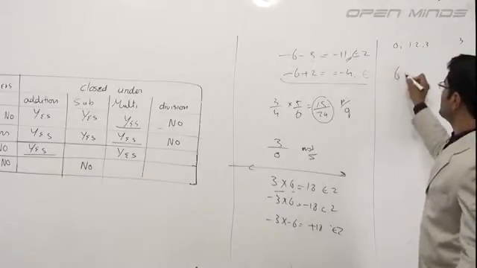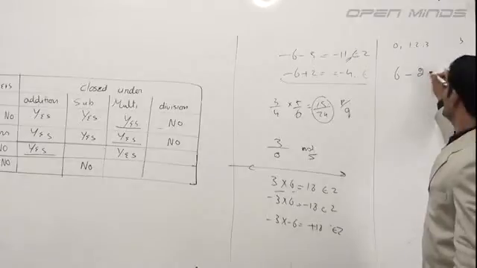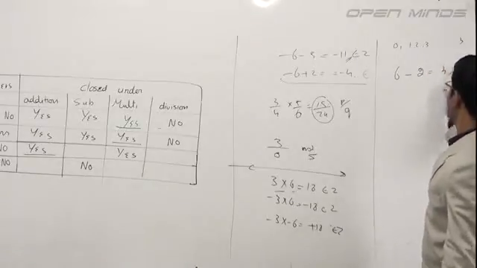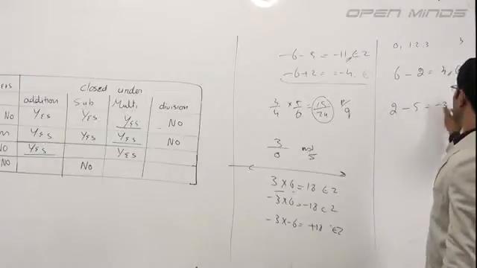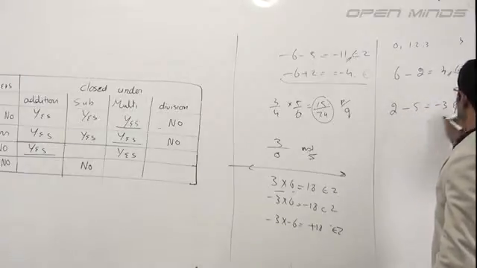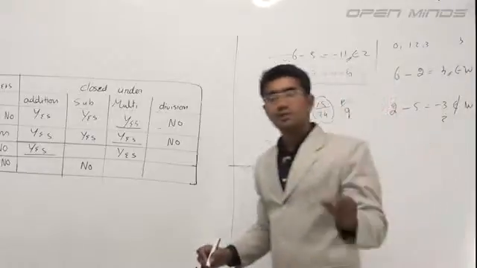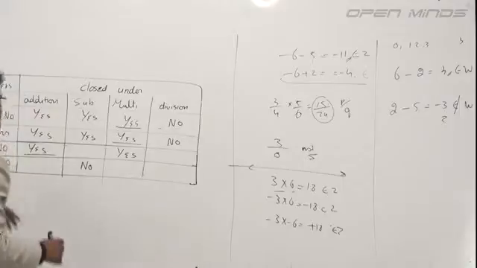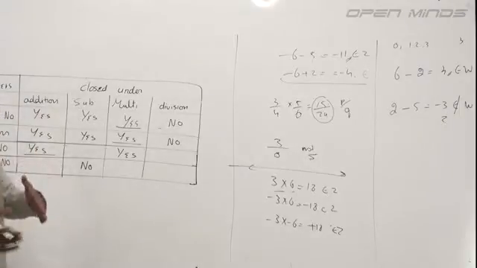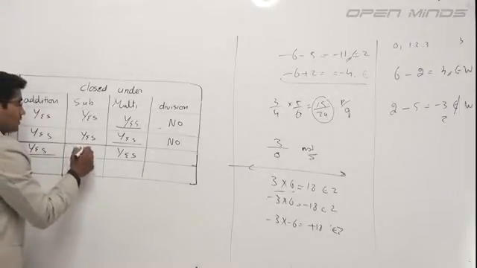If I take a bigger number minus a smaller number, I get a whole number. But if I take a smaller number minus a bigger number, I'll get minus 3, which does not belong to whole numbers. So subtraction is not closed on whole numbers. So I can say no here, right?